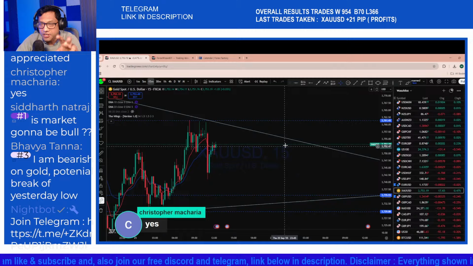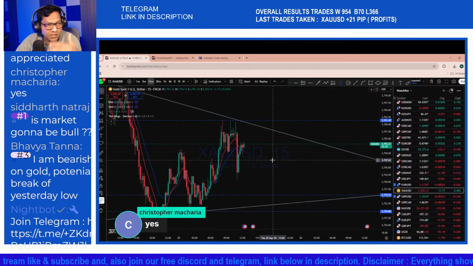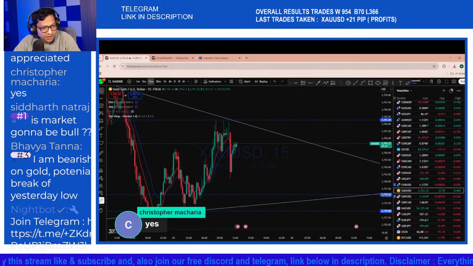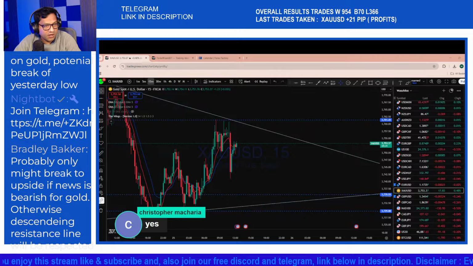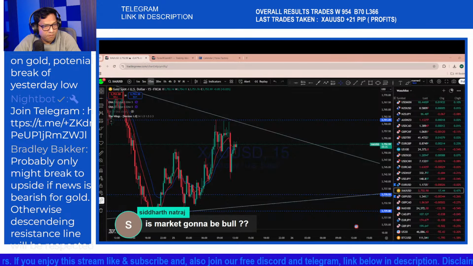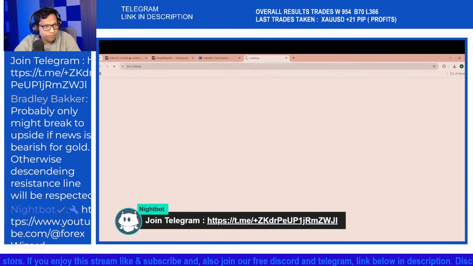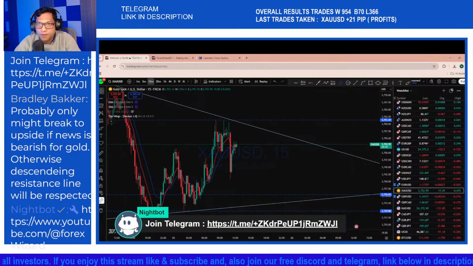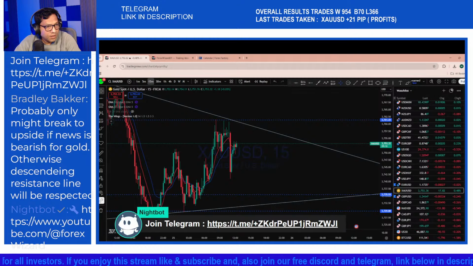The possibility in this market to revert back, how much probability can you see? Market is going to be bull. I am bearish gold, potentially back to yesterday's low. It might only break to the upside if the news is bearish for gold.